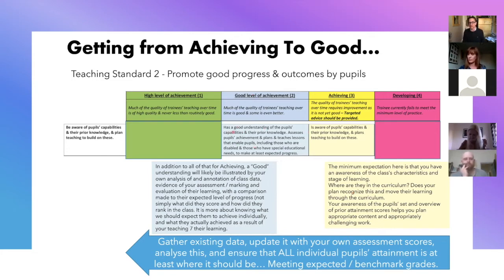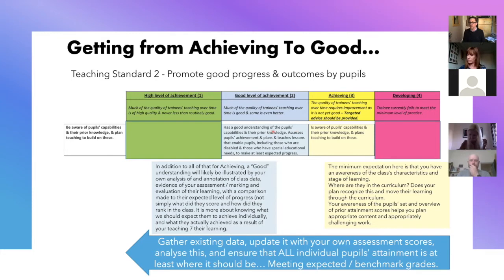It uses the word good, so it has a good understanding now. So it's not just an awareness of the pupils' capabilities, it's got a good understanding of. And I think the difference between the two is, one, you've got a list of data and you're aware of it. You know that most of the kids are on a target grade of maybe a level 6 or something, and there's a few that are on different level scores, but you've got that rough overview.